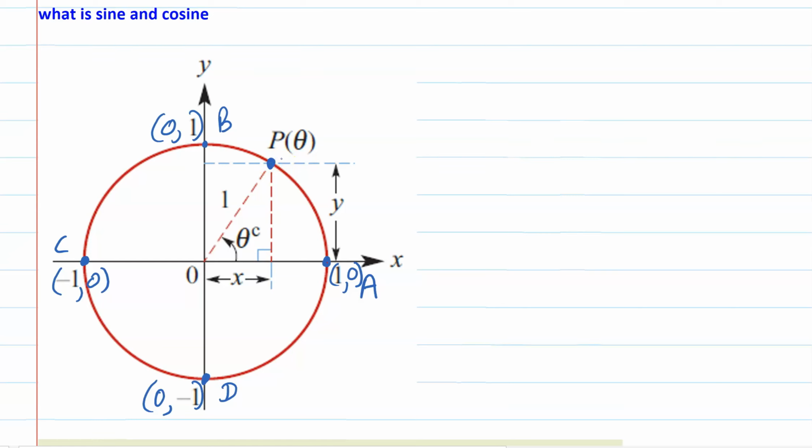The point P is on the circumference and subtending an angle theta radians at the center, which in this case is O. The coordinate is 0, 0. The definition of sine, this is very important.